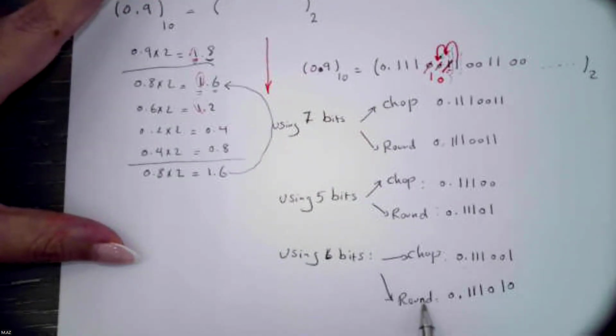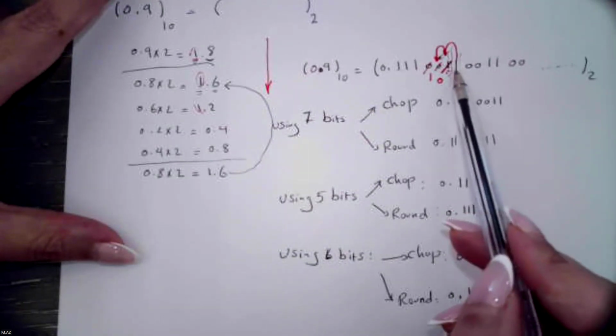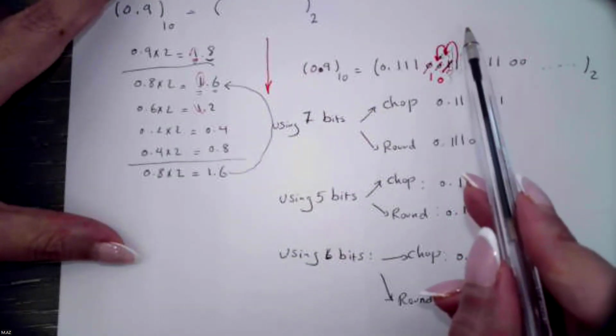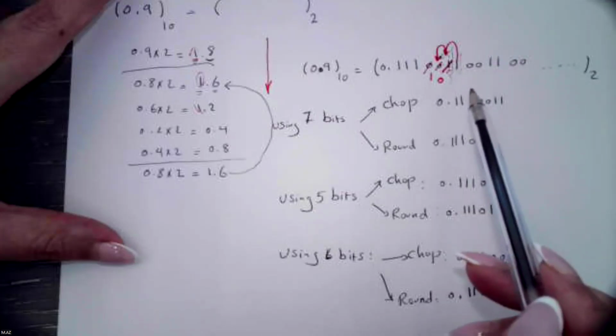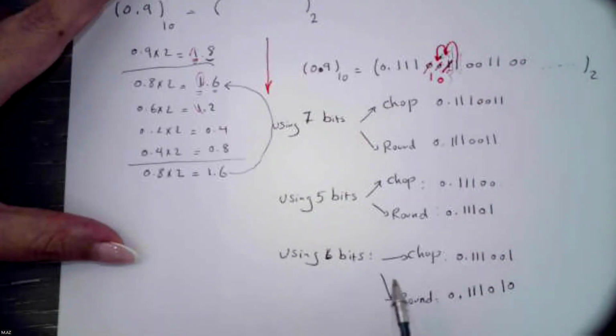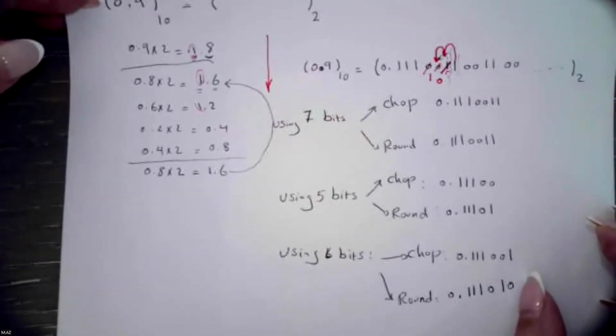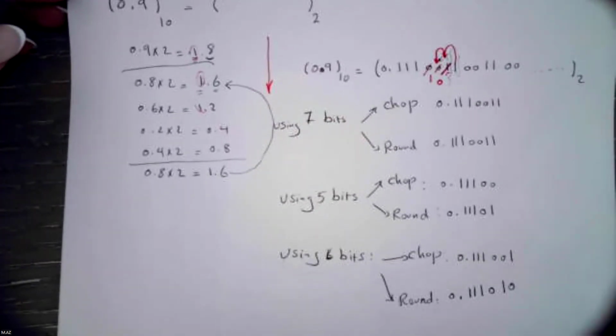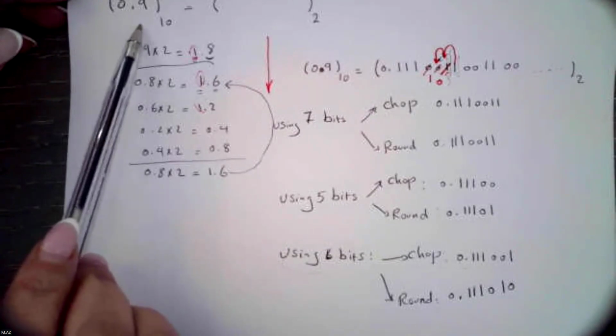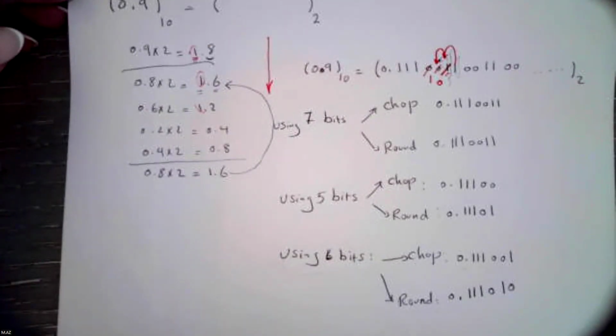Because for the rounding, again, we have to look at the bit after the place that we are cutting the numbers. Okay, but how about the chop? We don't care about the bits after the used bits. This is about converting the fraction part to binary, okay?